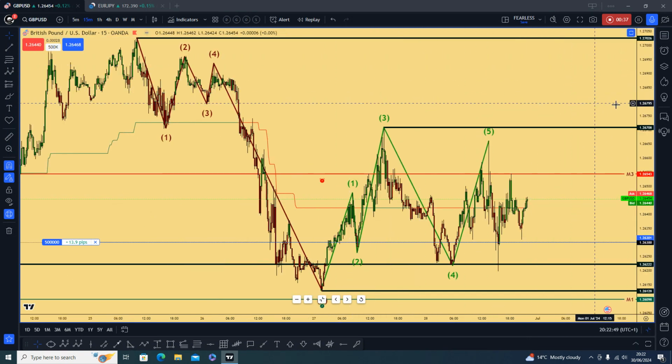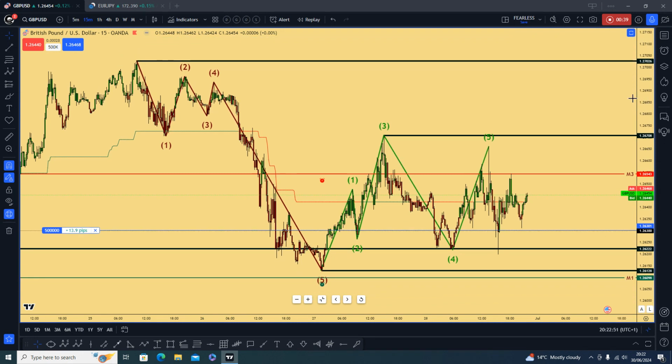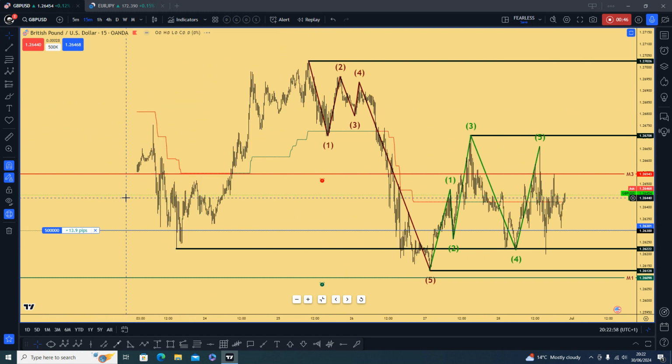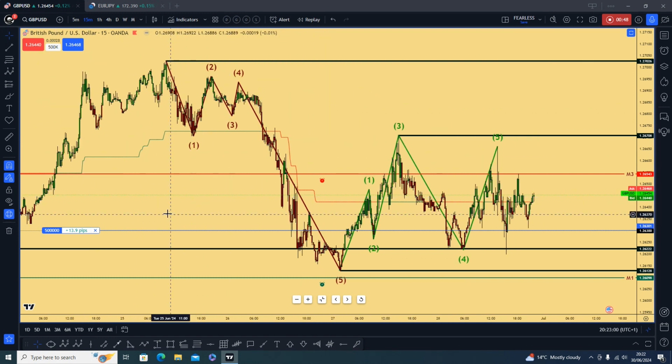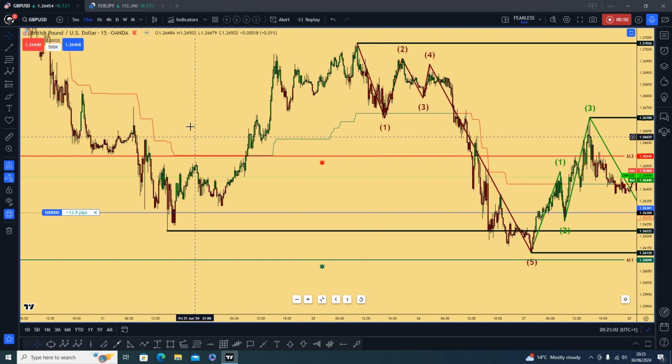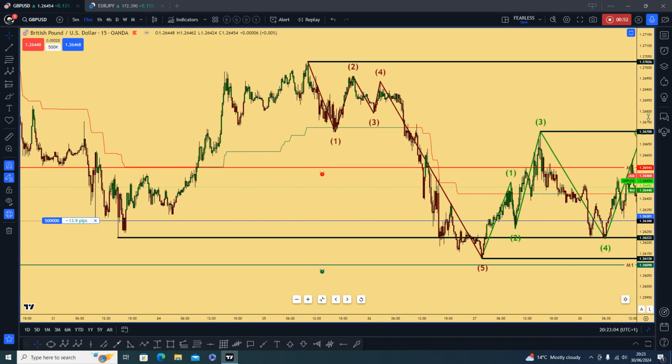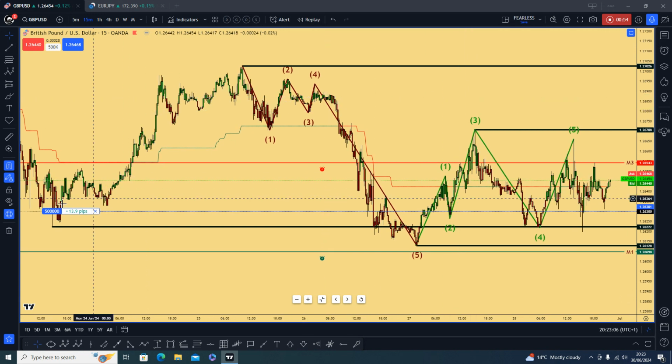What I've done to make this very straightforward for us is I have already drawn the wave structures, and we're just looking at a trade location basically. So the pound dollar 15 minutes chart, we can see when this move happened. Okay, we have 0 1 2 3 4 5 1 5 2 5 3.